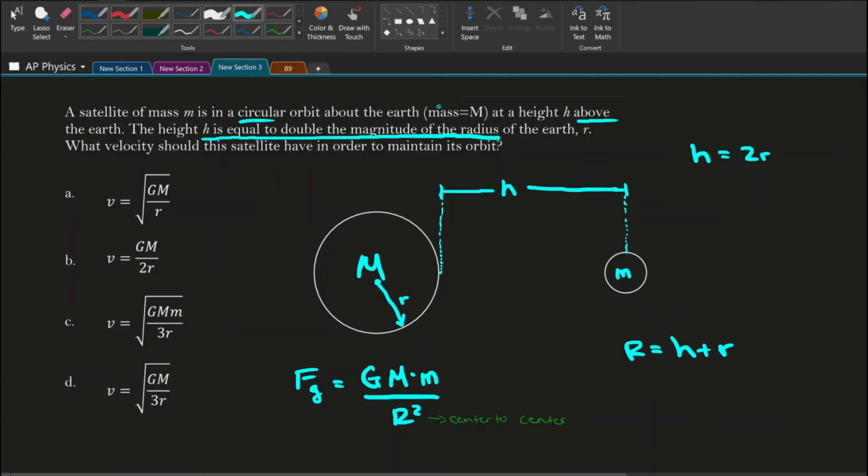Now, we wrote an expression earlier where we said that h is equal to 2r. So we'll substitute h equals 2r in for h down here, and we'll say that big R is equal to 2r plus r, which equals 3r.